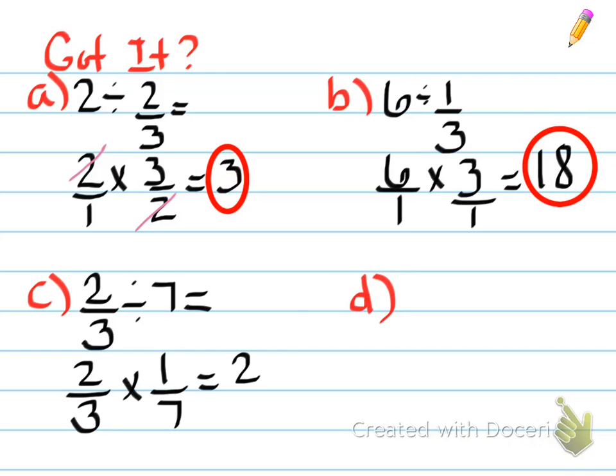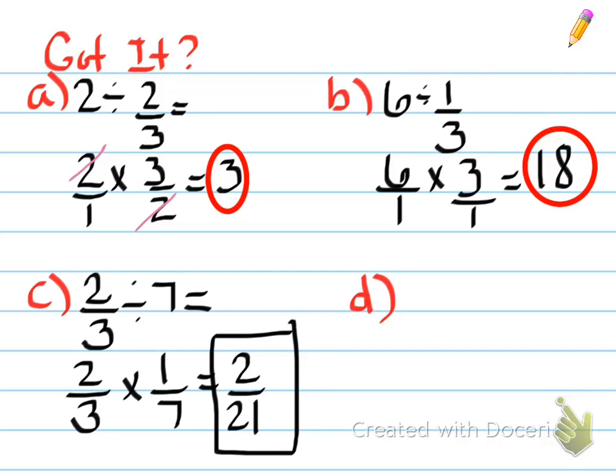I'm going to multiply across the top, 2 times 1, and multiply across the bottom, 3 times 7, which is 21. Answer is 2 out of 21. So I'll just put a big box around it.